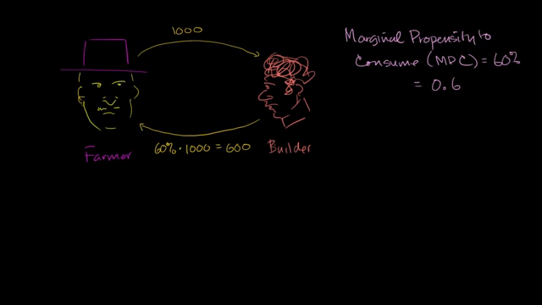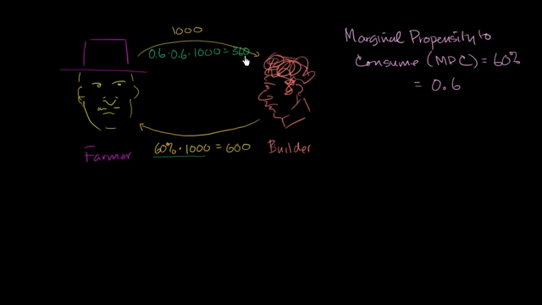I'll write it as a decimal: it'll be 0.6 times this thing, or you could say it is 60% of this $600, which is going to be equal to $360.